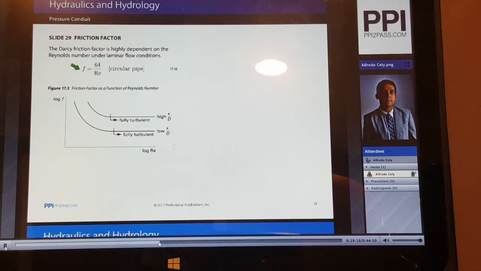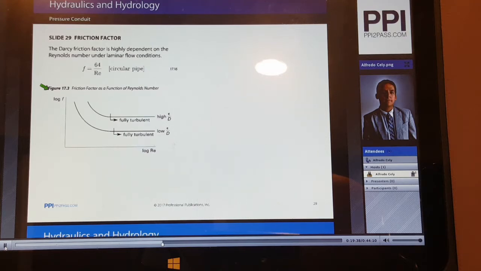Equation 17.16 shows this approximate relationship between the friction factor and the Reynolds number. Now, the friction factor is dependent on the pipe roughness and the Reynolds number of the flow, as shown in figure 17.3. The higher the Reynolds number, the less dependent it is on the friction factor.